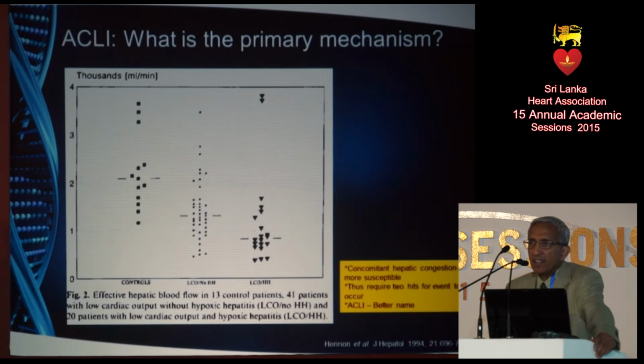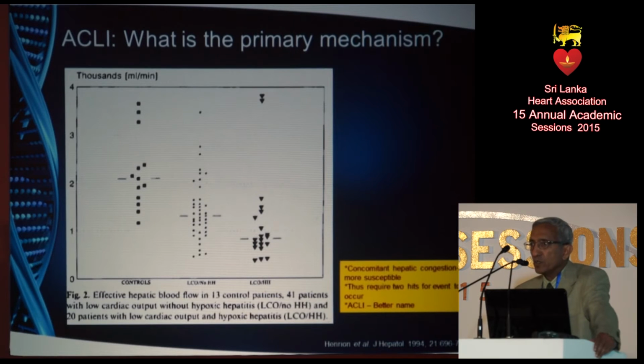And so what they found was that the effective hepatic blood flow had a gradation from the people with hypovolemic shock to the people with a low cardiac output without any hypoxic hepatitis to the people who had low cardiac output with hypoxic hepatitis. But as you can see, there are certainly outliers.